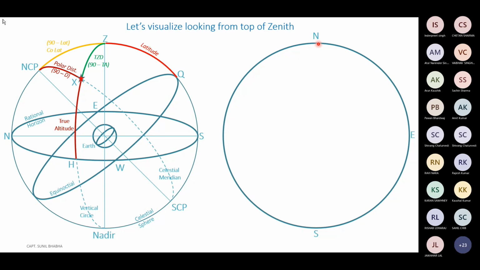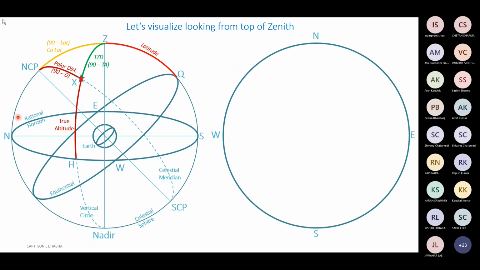And if you go 90 degrees to the left of north, you will have the west point, represented by W here. So all these 4 points, N, E, S, W, are represented on the plane of the rational horizon.